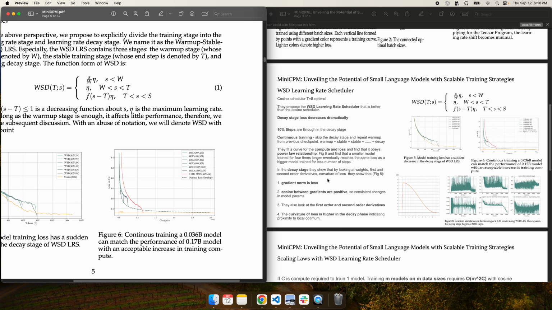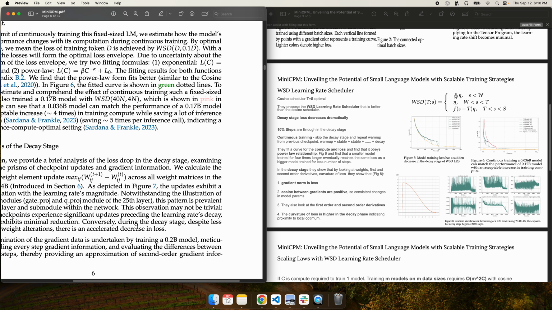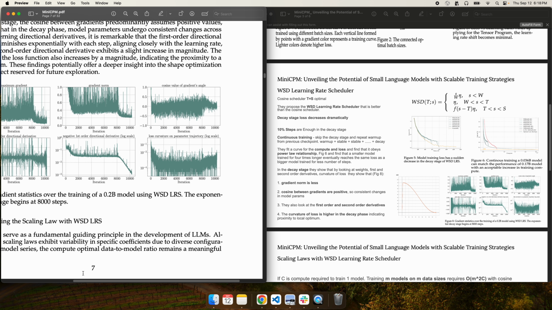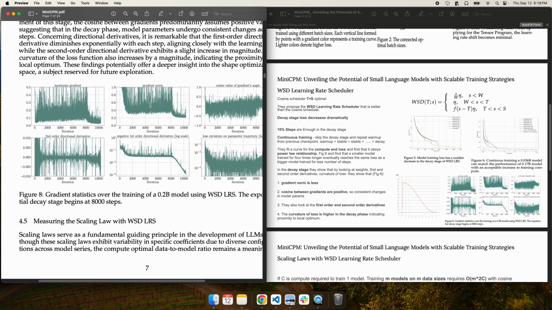They look at the weights, the first and second order derivatives, the curvature of the loss, and they basically say that in the decay phase, the gradient norm is less. So you can see that in figure 8 here. If you plot the gradient norm, the decay phase is basically towards the end, and you see that the gradient norm basically decreases at this stage.